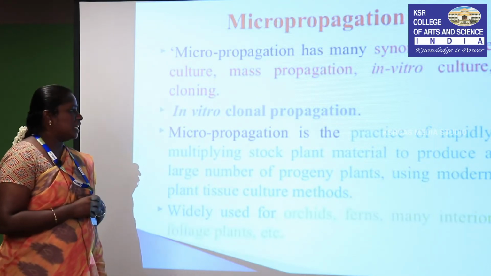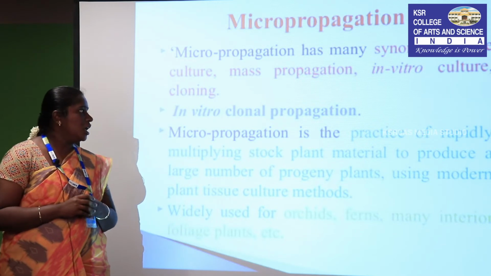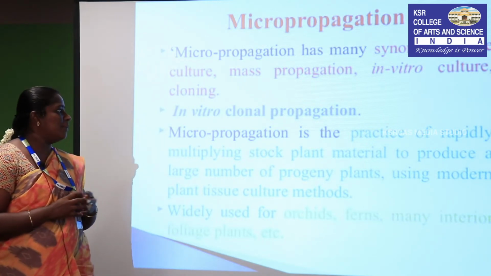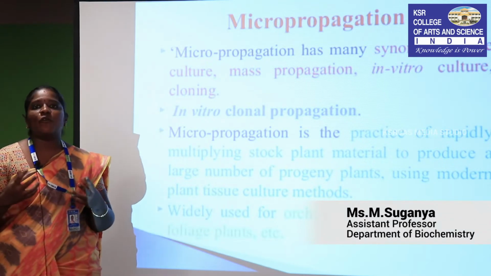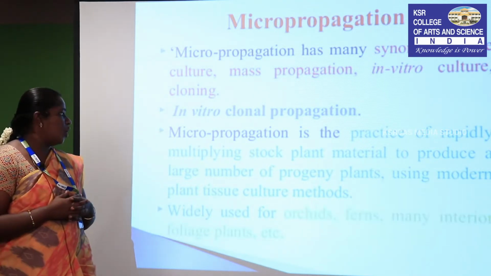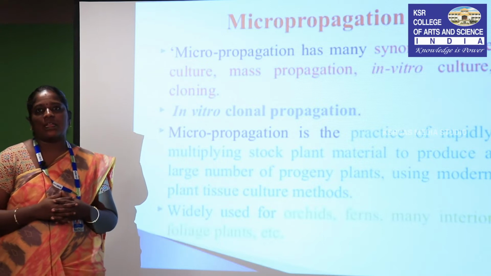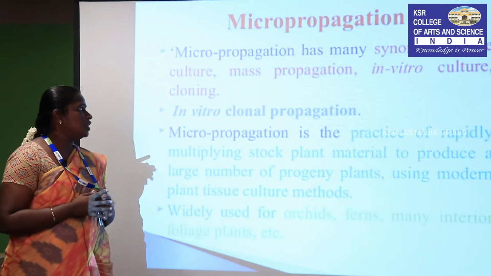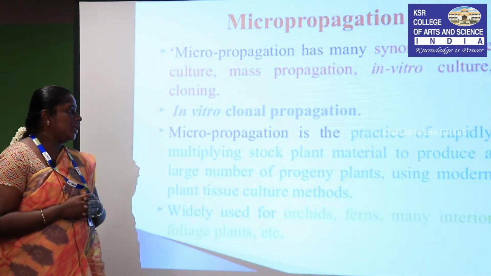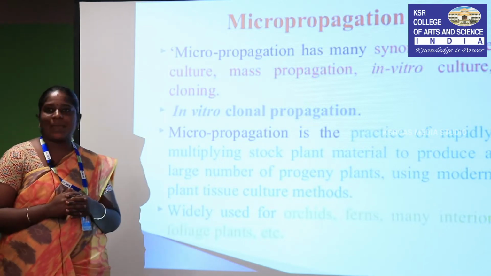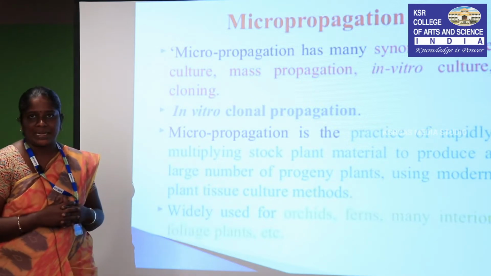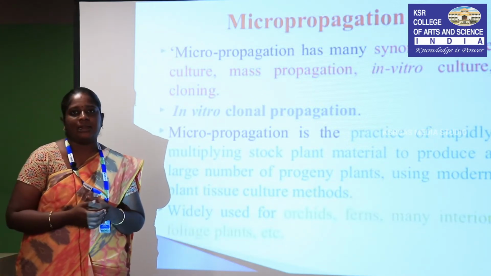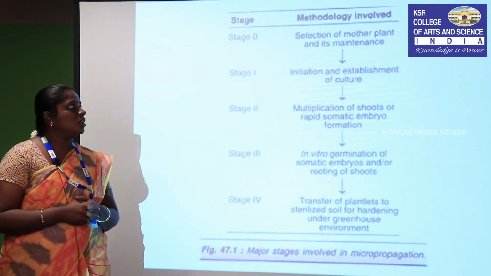In vitro clonal propagation, or micropropagation, is the rapid multiplication of stock material to produce a large number of progeny plants using modern plant tissue culture methods. It is widely used for many interior ornamental plants. We have to handle micropropagation.